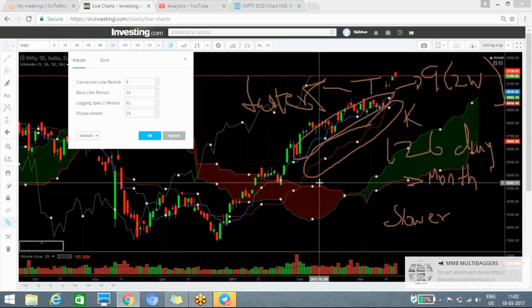One is span A, one is span B. Some call them Senkou span A, some call them Senkou span B. What is Senkou? The spelling is basically Senkou.